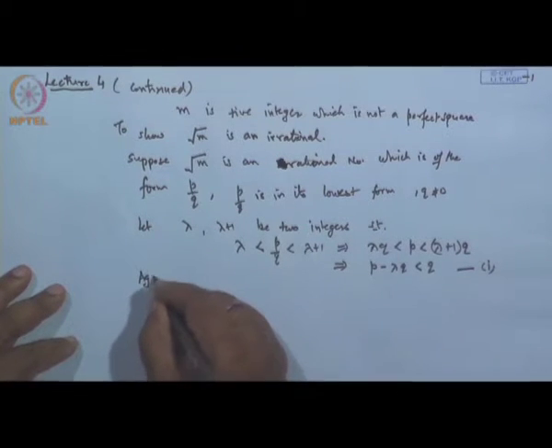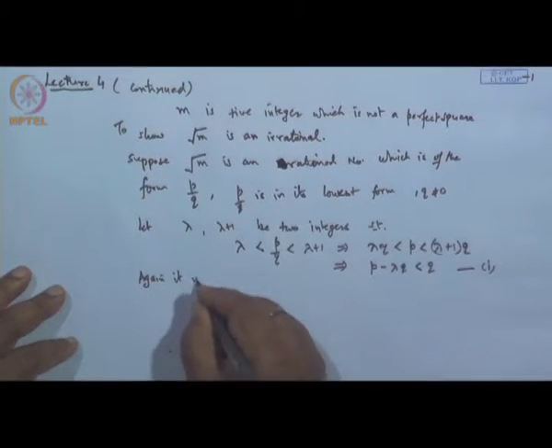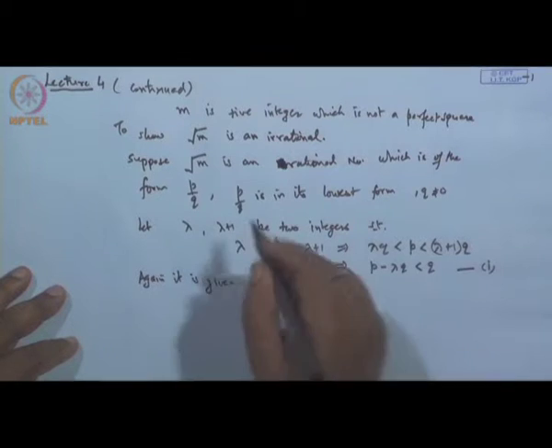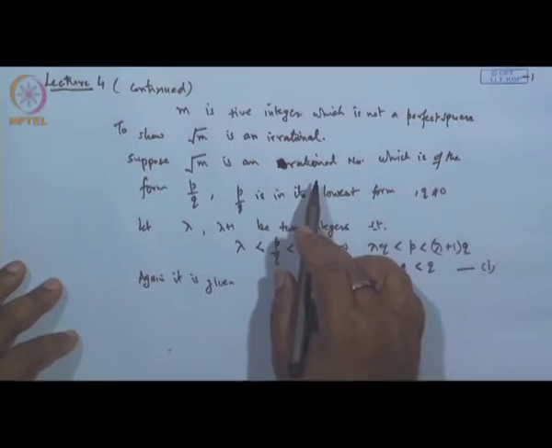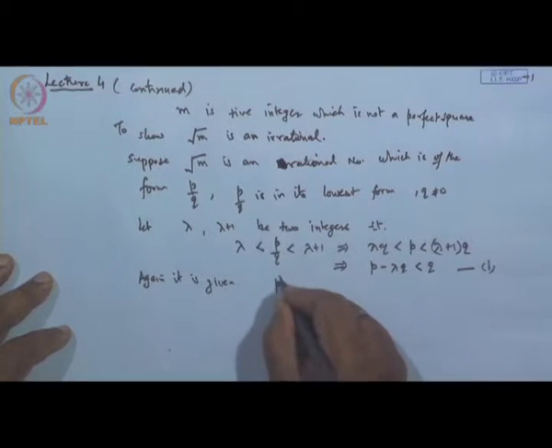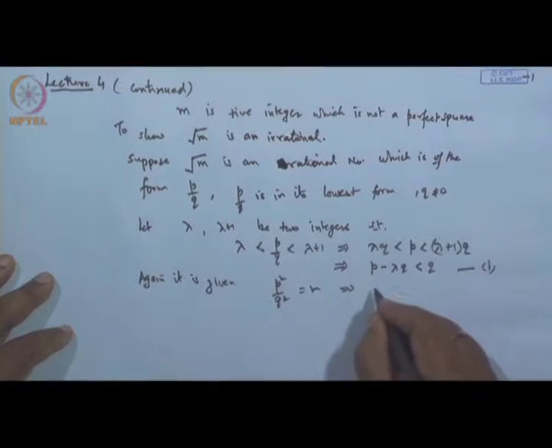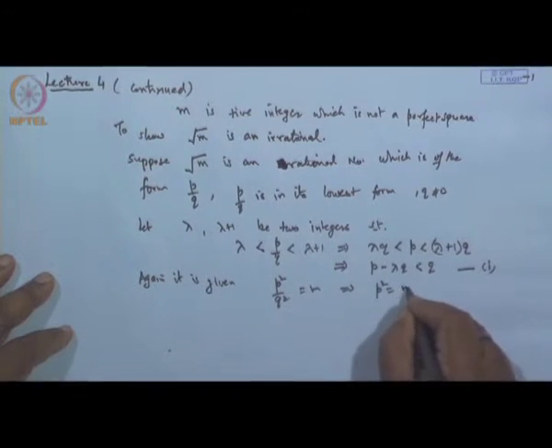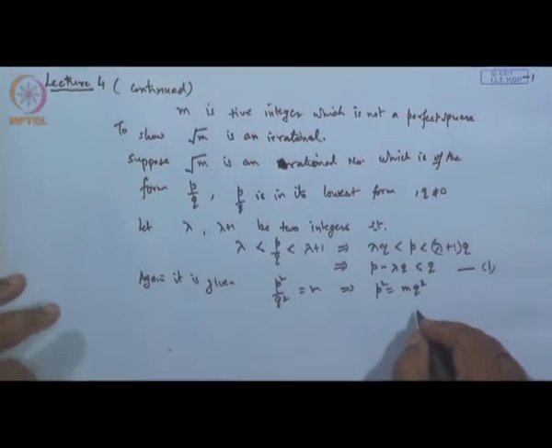Again, we are assuming that root m is a rational number of the form p by q. So, p square by q square is equal to m, that is, p square equals m q square, or p square minus m q square will be 0.